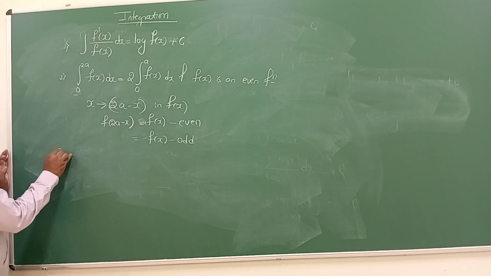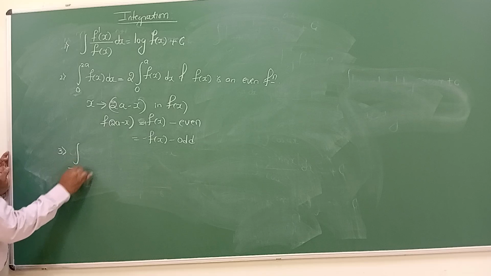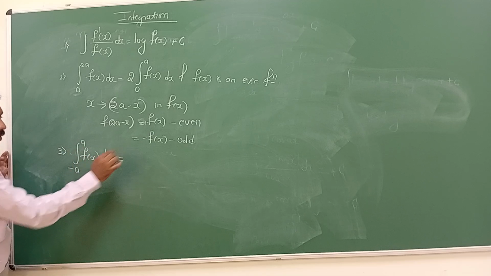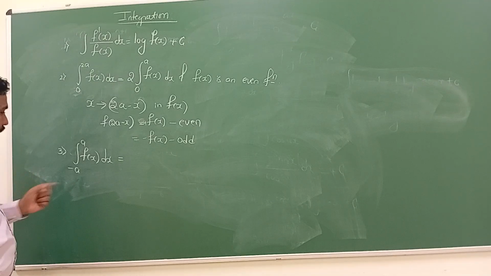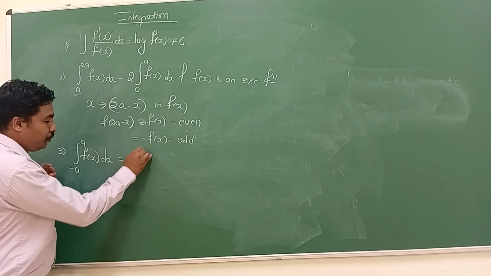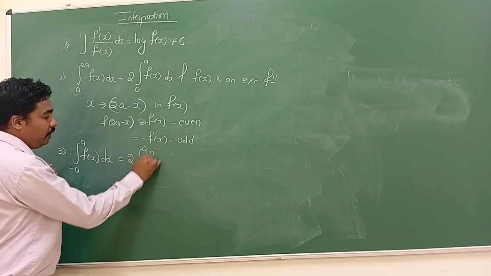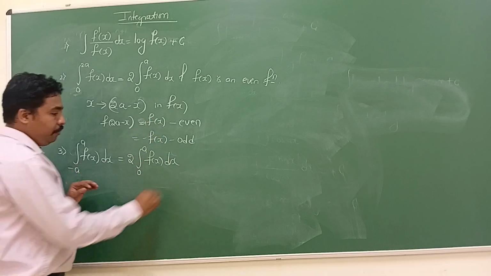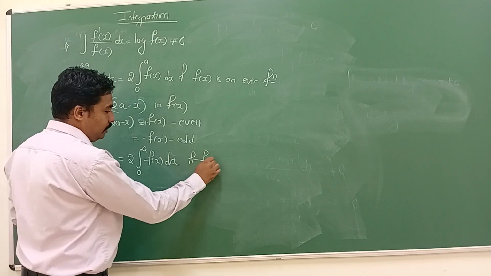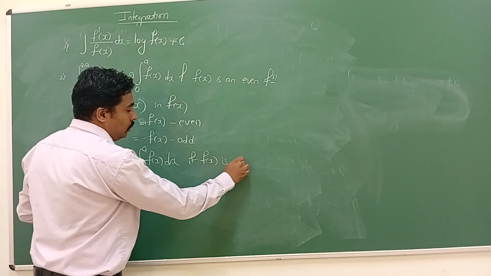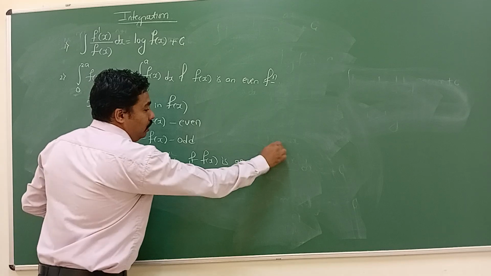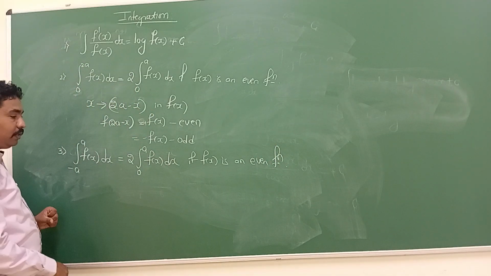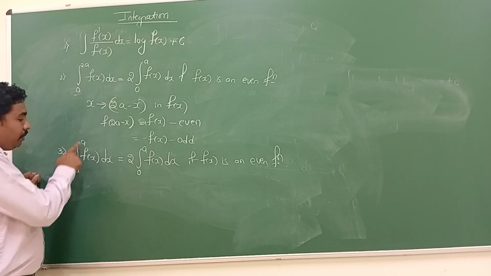The next one is, if we have the integral from minus a to plus a of f of x dx, here also it becomes 2 into the integral from 0 to a of f of x dx, again if f of x is an even function. Now, how to check even function with respect to the limits minus a to a?